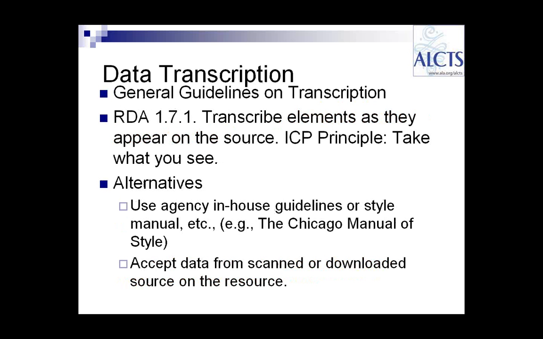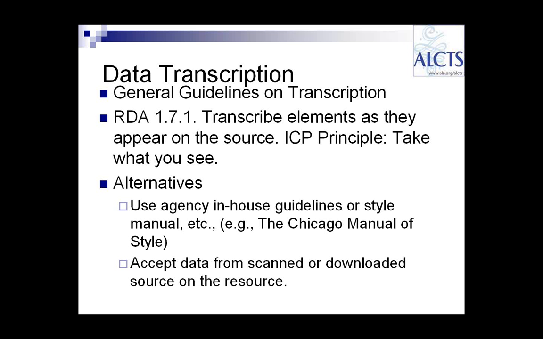One of the general principles of the International Cataloging Principles is about data transcription, and it's basically to transcribe elements as they appear on the source. This will be a big transition for many of you used to the Anglo-American cataloging rules, because the principle is to take what you see. There are some alternatives that are allowed, just like AACR2 has optional omissions and optional deletions.